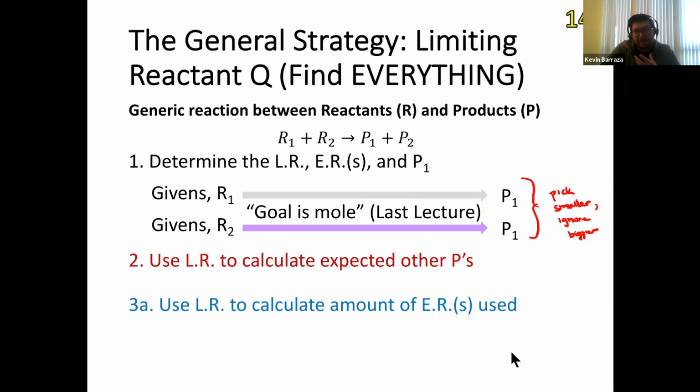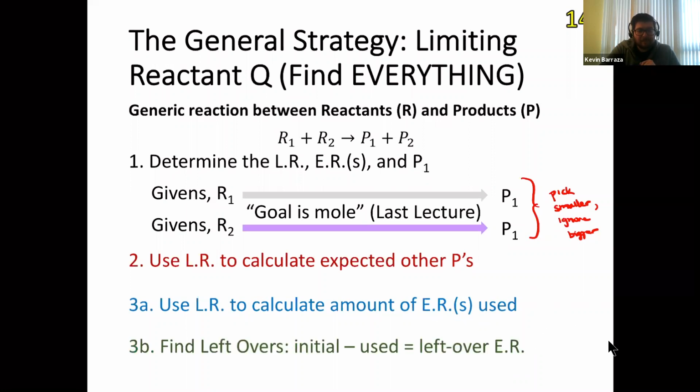In a very real sense, it's like copy pasting most of your work each time. So you're going to use the limiting reactant again, just like we used 10 grams of fluorine as the start of our problem. That's going to tell us how much is used. And then the leftover is going to be initial minus used. And that's how we do a limiting reactant question.